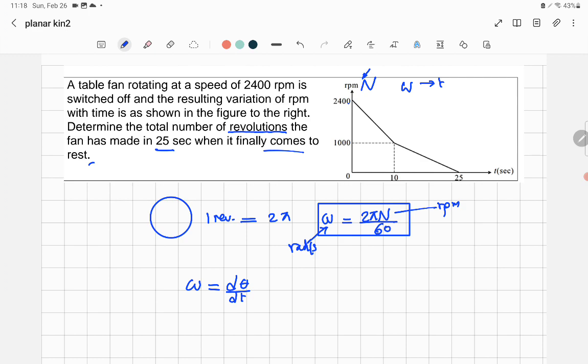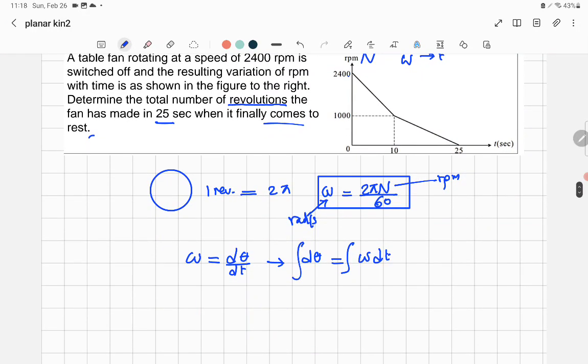So we want to find theta, and delta theta equals omega delta t. Then we integrate d theta from 0 up to theta, and omega dt with respect to time from 0 up to 25 seconds.